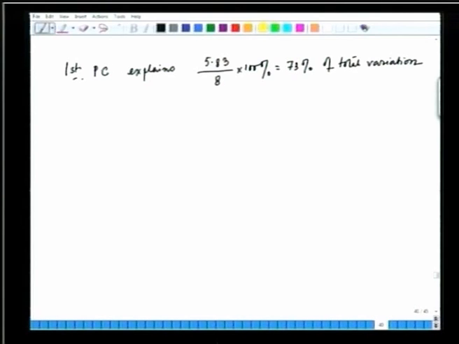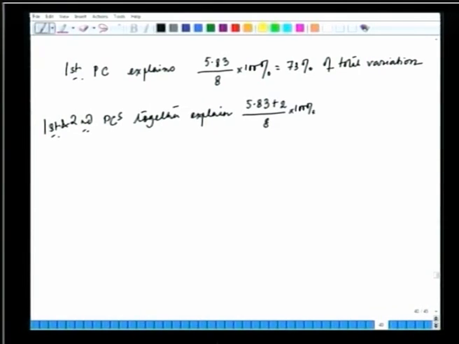Let's see if I consider the second PC. The first and second PCs together explain lambda 1 plus lambda 2, that is 5.83 plus 2, divided by 8, times 100%, and this is equal to 98% of the total variation.